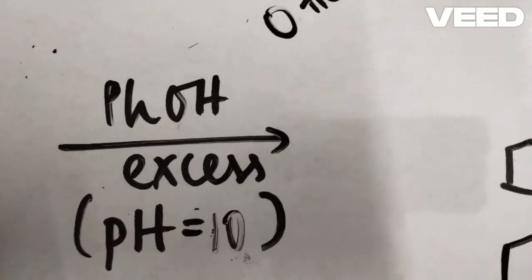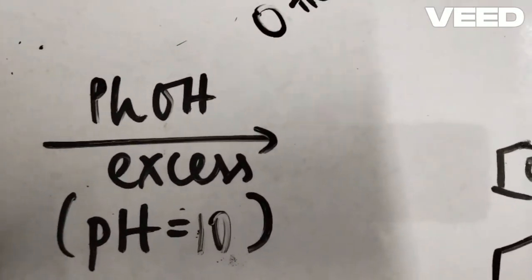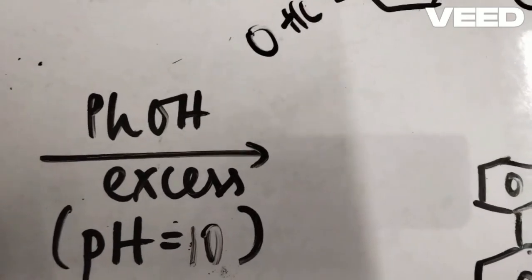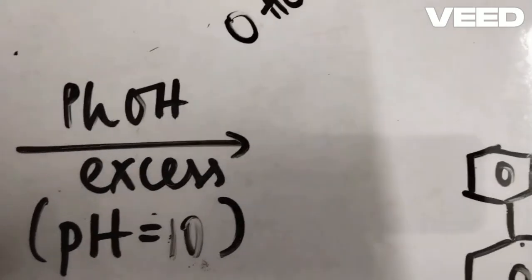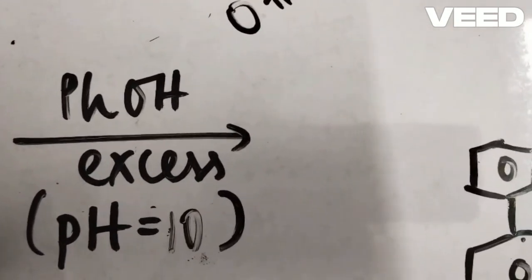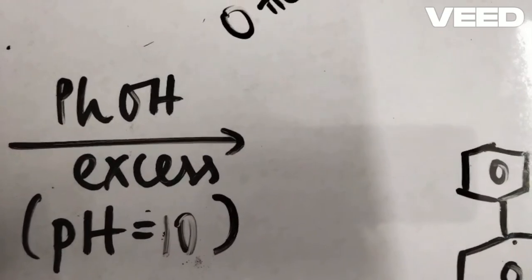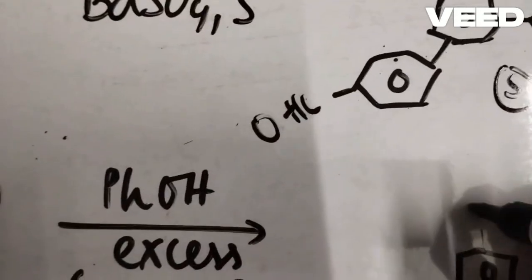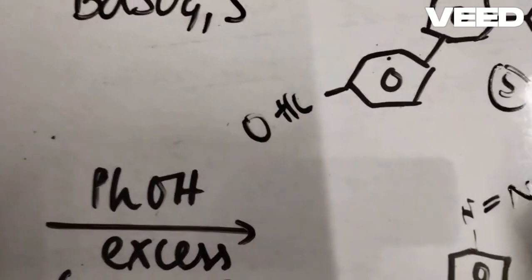The phenol is ionized to give a phenoxide ion, and therefore it increases the rate of the reaction. And on reaction with the diazonium salt, we shall get coupling at all the positions. Hence the final compound would look something like this.